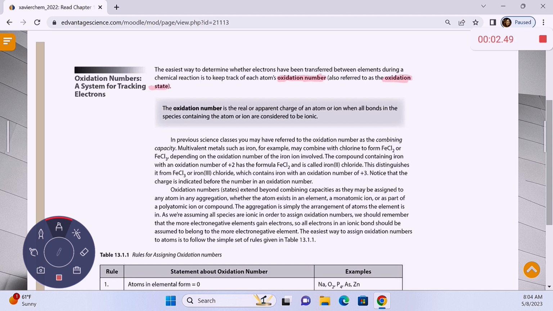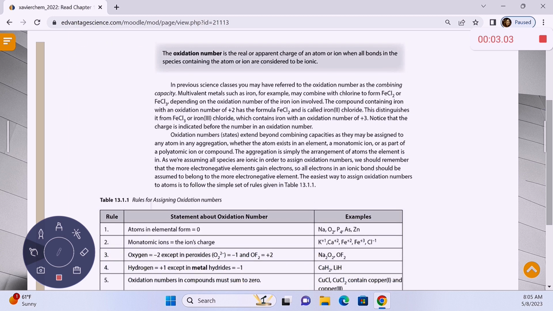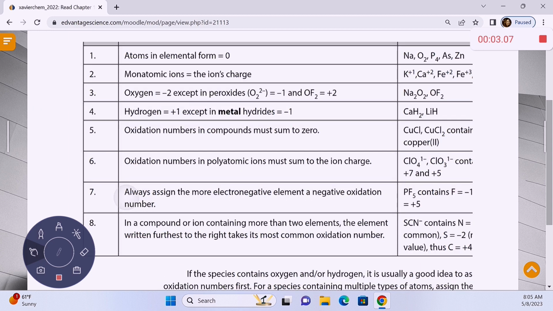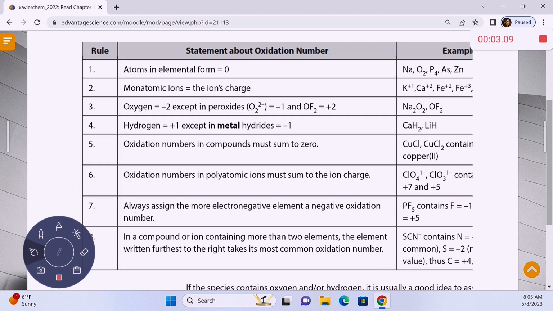They are these made up values that we use to keep track of what is accepting and what is giving up electrons, okay? And there are rules, and those rules are outlined in a table down here. Okay, so let me go over these rules with you.